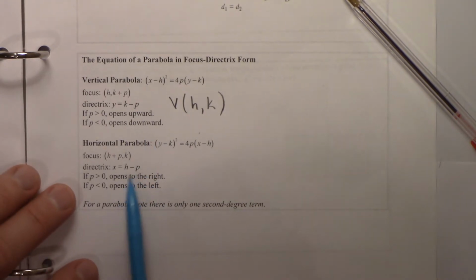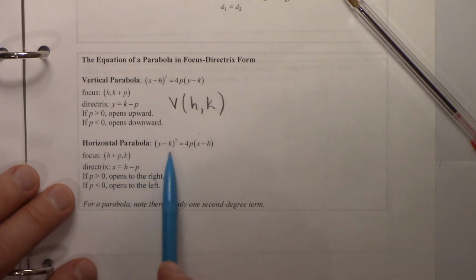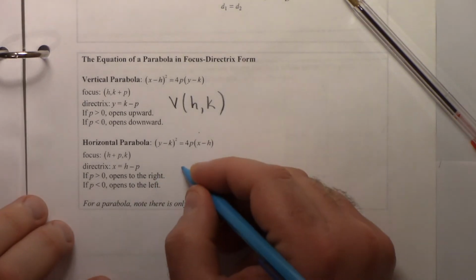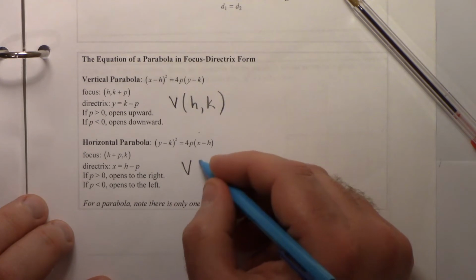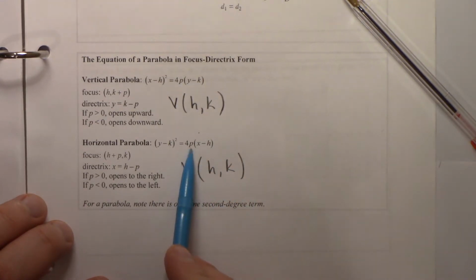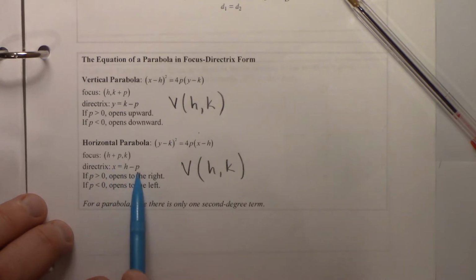Now, on the next option, you've got a horizontal parabola if it's the y variable being squared. Again, let's jot down, they don't include this, but your vertex would have coordinates (h, k). This p number is basically giving you the count from the vertex to the focus and the directrix.